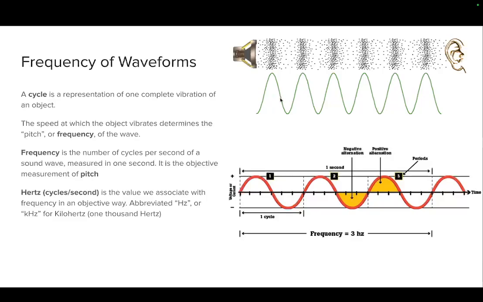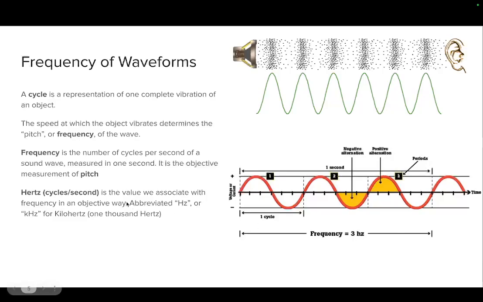In our diagram on the right, we can see how the compression of air molecules is related to the height of the waveform and the lowness of the waveform, but it's really the speed at which this process occurs that determines the frequency. Over here in this chart, we have a full cycle happening 1, 2, 3 times per this 1 second, and so therefore the frequency of this wave is 3 hertz.